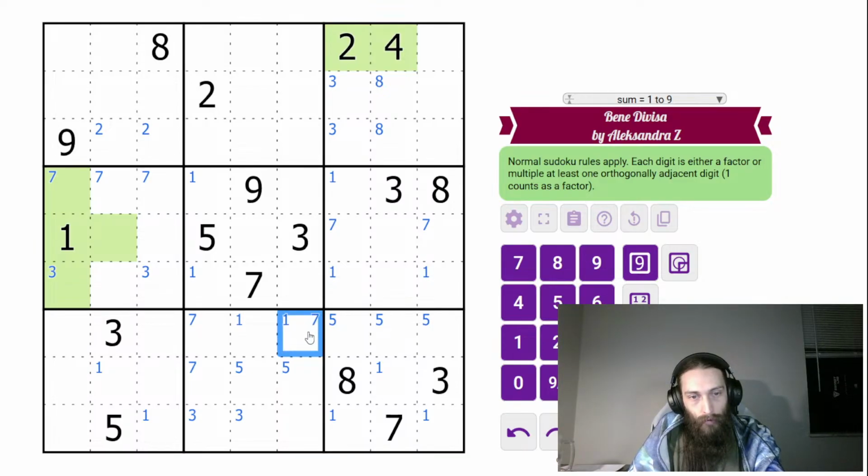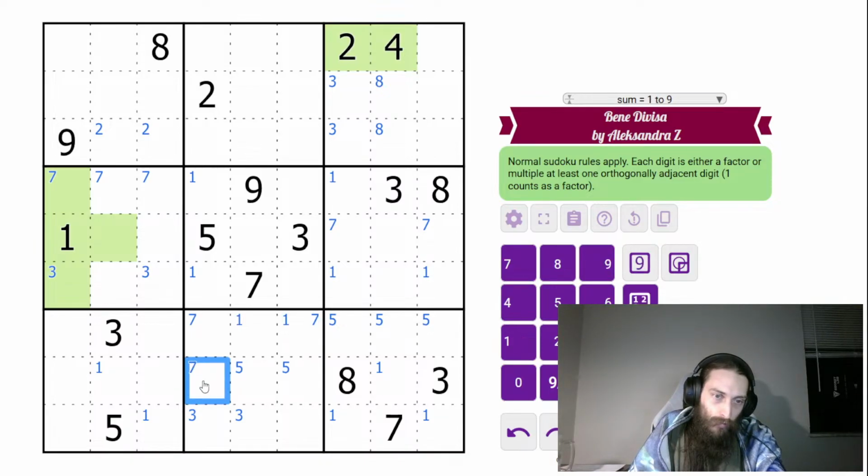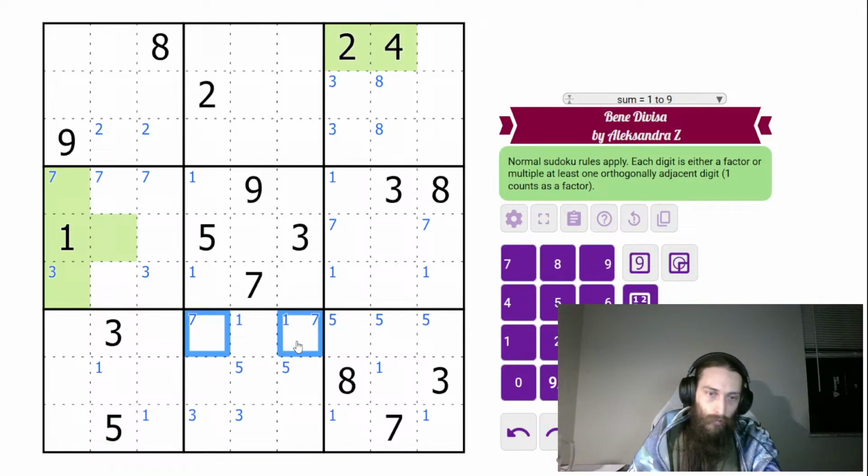If this was a 7, that would be 1 and 5. So I think that's fine. If this was a 7, I would need a 1 in one of those 4. But it's not allowed there, or there, or there, or there. So that's not a 7. So 7 has to be one of those two.